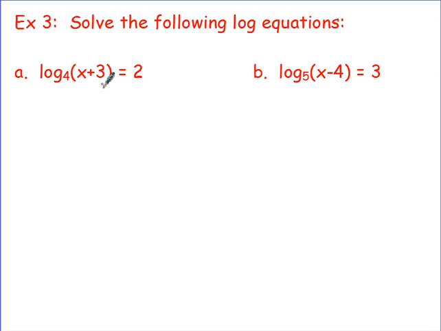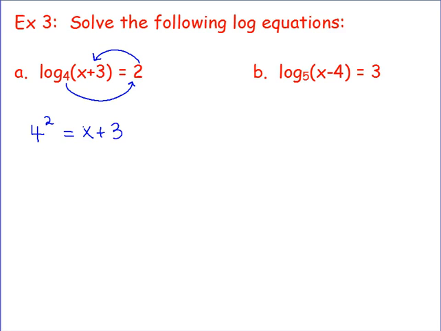So I'm going to start here at the 4. 4 circles to 2, and 2 circles back to the parentheses. So it's 4 to the power of 2 equals x plus 3. Notice the log is gone. Okay, when we change from log form to exponent form, the log disappears.